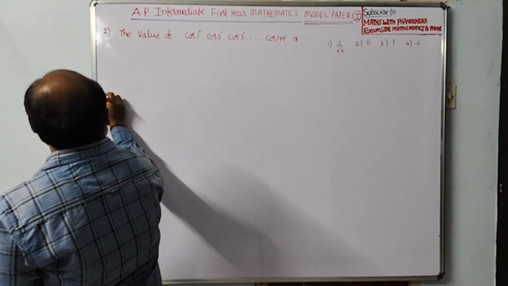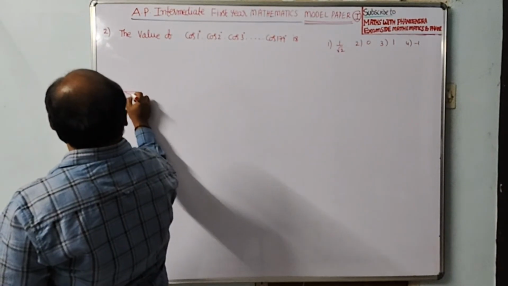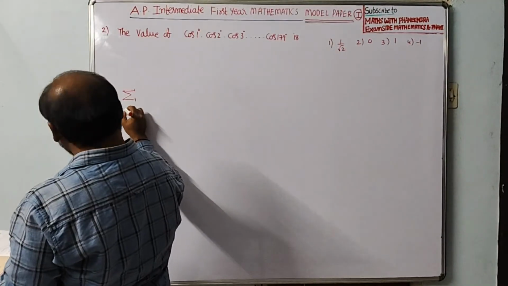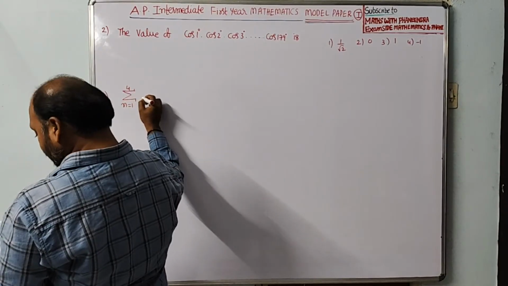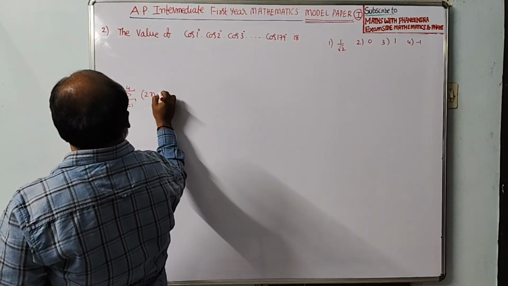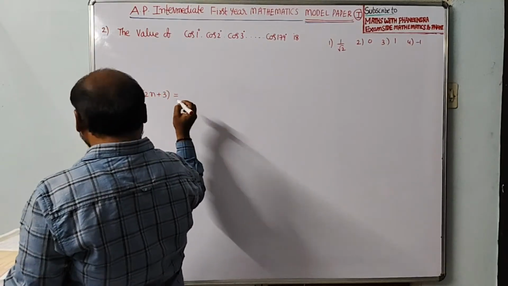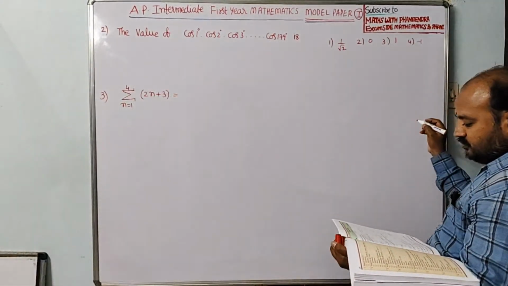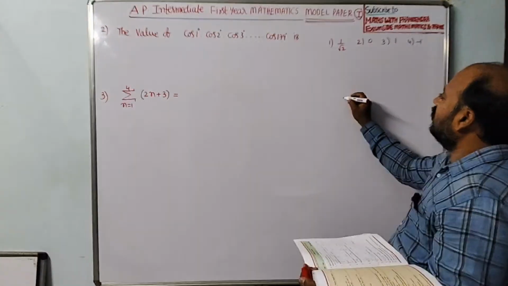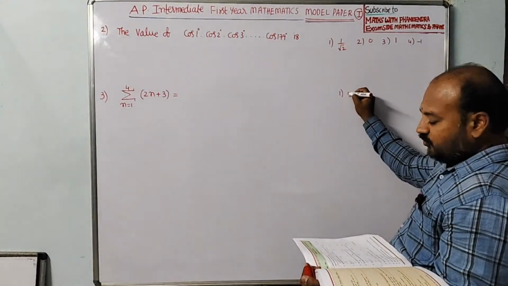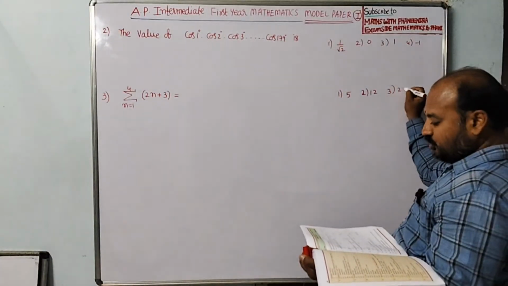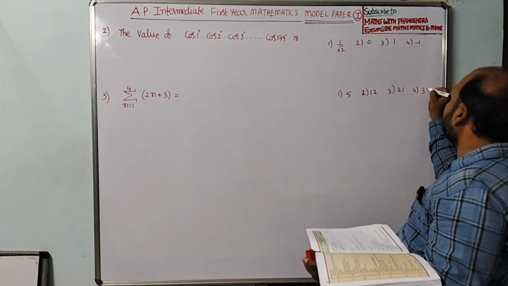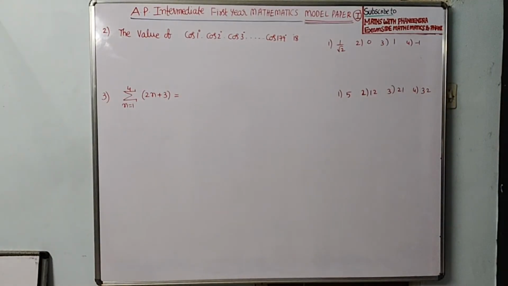So next, question number 3, sigma or summation n is equal to 1 to 4, 2n plus 3 is equal to. So options are given: 5, 12, 21, 32. We'll see what the answer is for these questions.